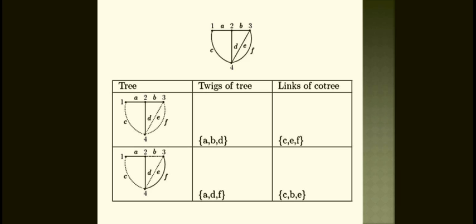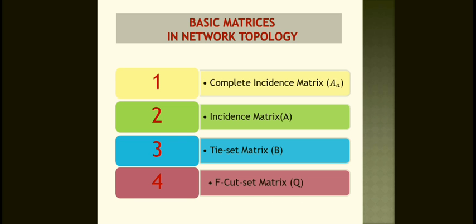A, D, F are the twigs of the tree shown in the figure, and C, E, B or C, B, E are the links of the core tree. This is the difference between the tree and core tree, and how to identify the twigs of the tree and the links of the core tree. This is a best example and explanation.